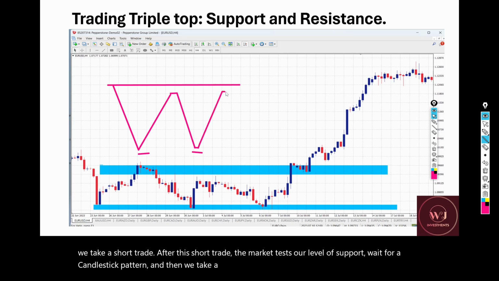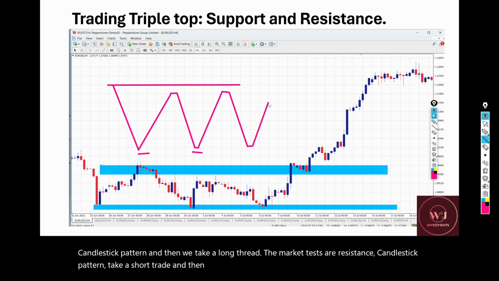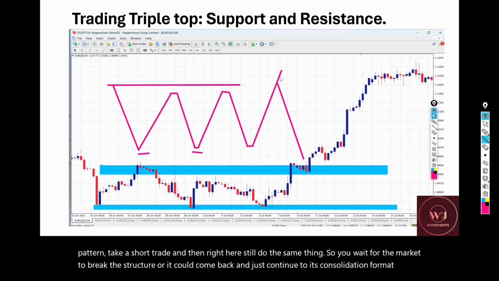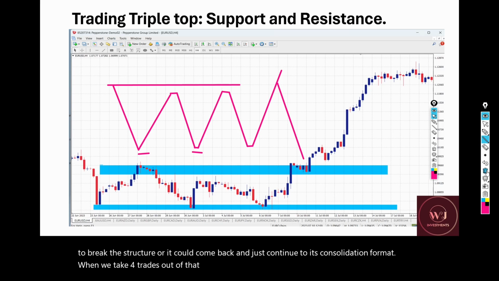If the market tests a resistance, candlestick pattern, take a short trade, and then right here, still do the same thing. So you wait for the market to break the structure, or it could come back and just continue its consolidation format. But when we take 4 trades out of that, we just rest.